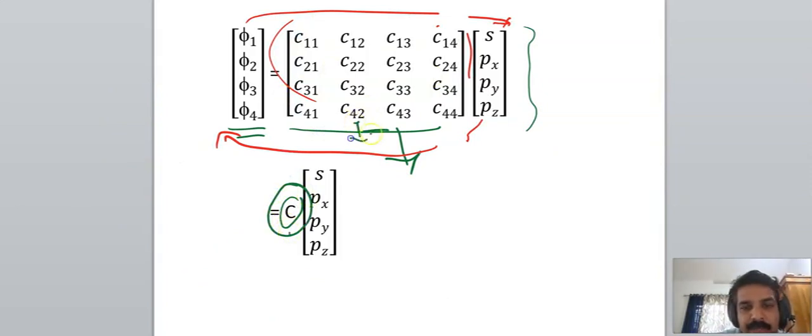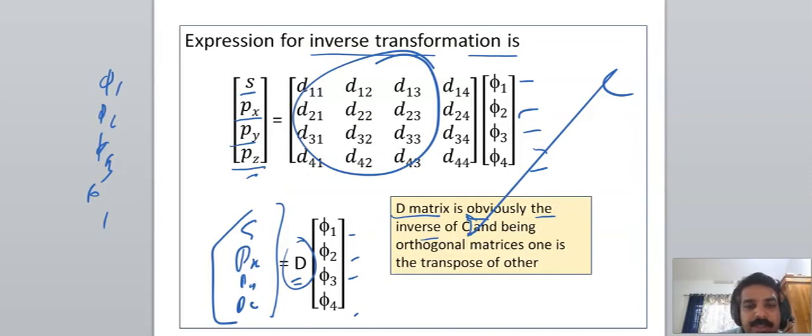Then we inverse transform this into this form, so we get a D matrix. This D matrix can be easily found out by the projection operator method, I will show you. From the D matrix, it is easy to find the C matrix.